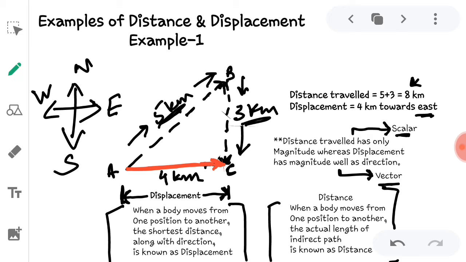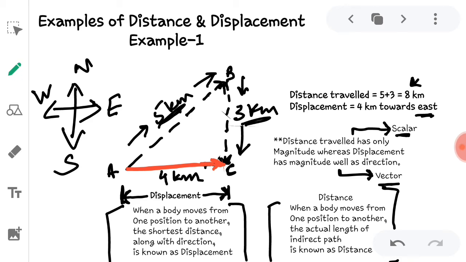Now the basic definitions. Distance: when a body moves from one position to another, it is the actual length of the indirect path. This is the indirect path, and the direct path from A to C is this 4 kilometers towards east.